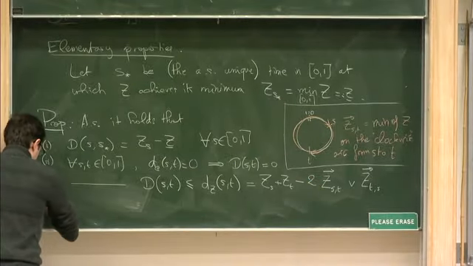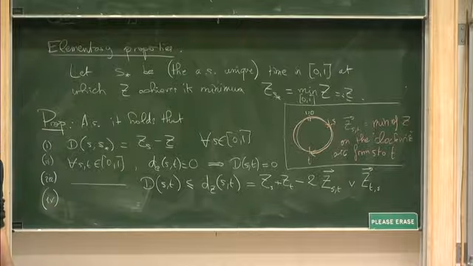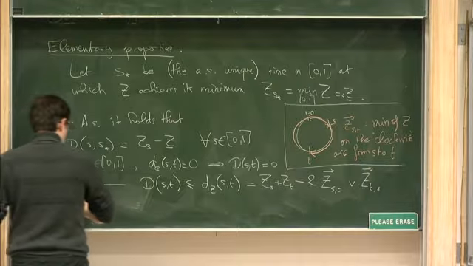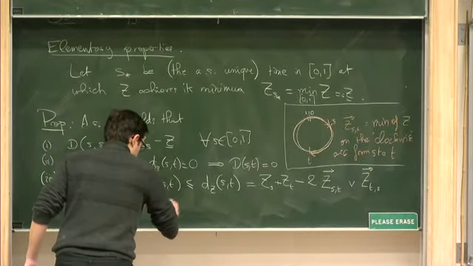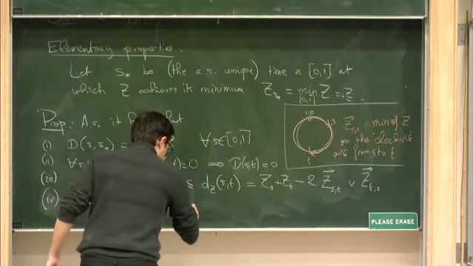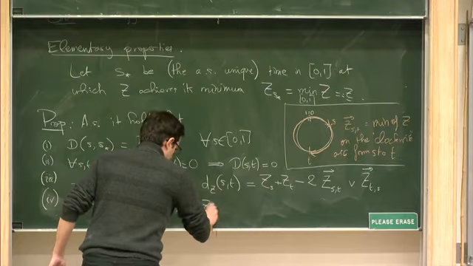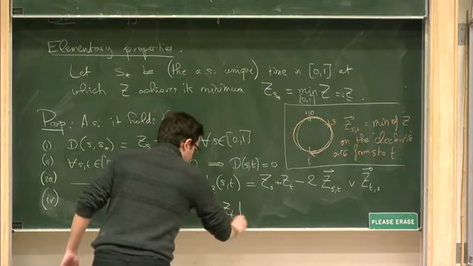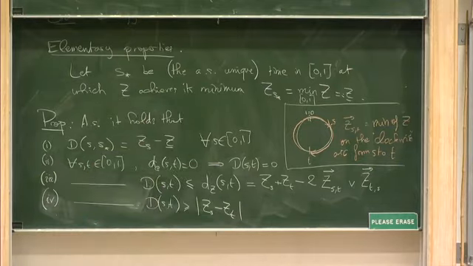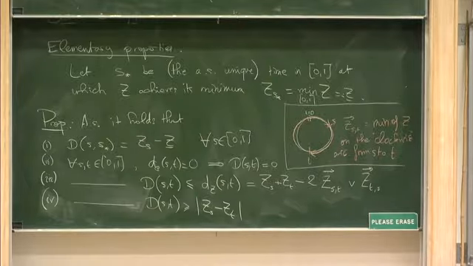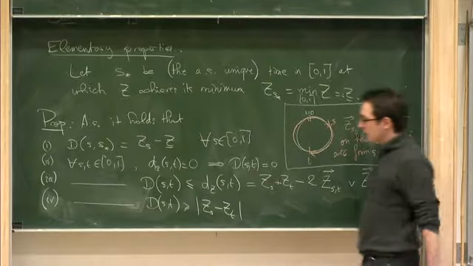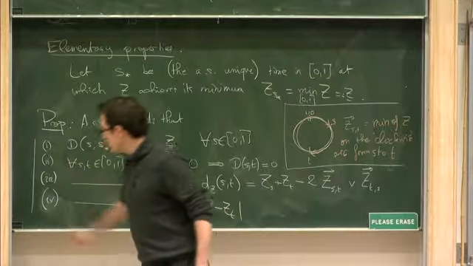Okay, and then last point is that for every s and t, we also have a lower bound, and this lower bound is simply given by the absolute value of the difference. Okay, very simple lower bound. So of course we'll prove this.